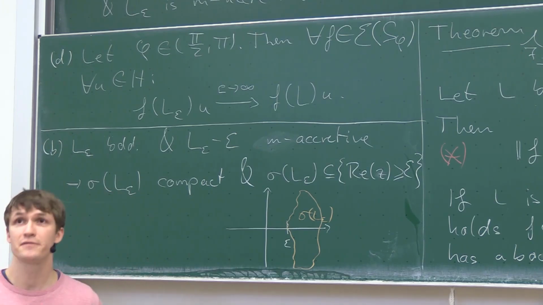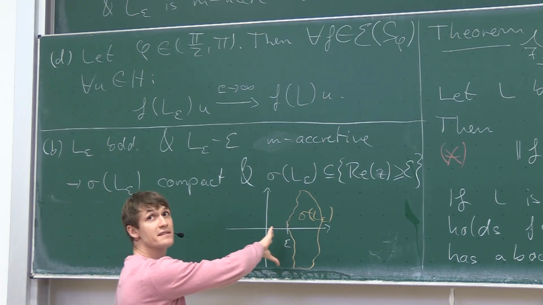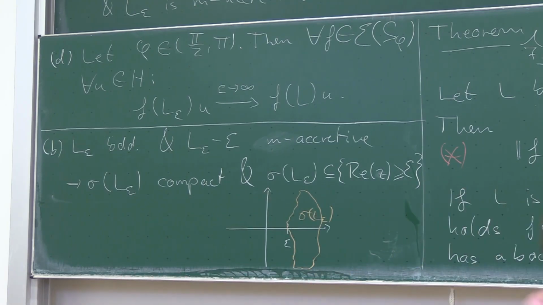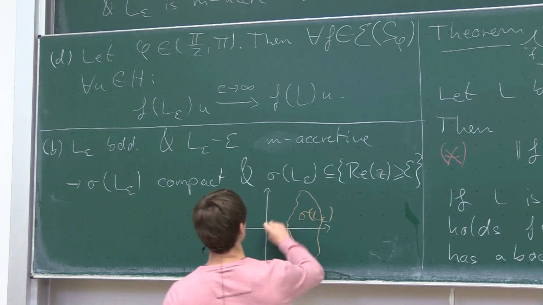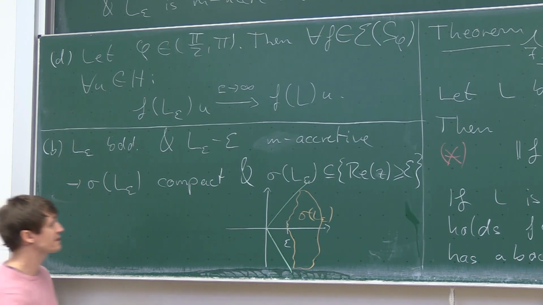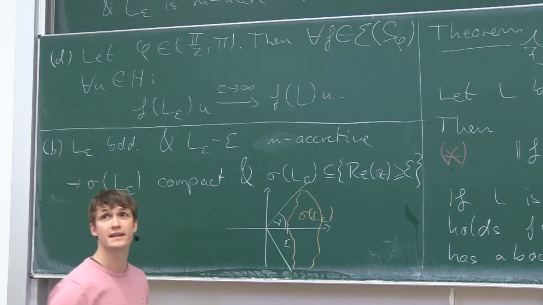Okay? And if the spectrum is here on the right hand side, it has a positive distance to the origin, then I can also find a sector which contains the spectrum here. And the sector has some angle nu, and this angle nu is strictly less than pi over 2.